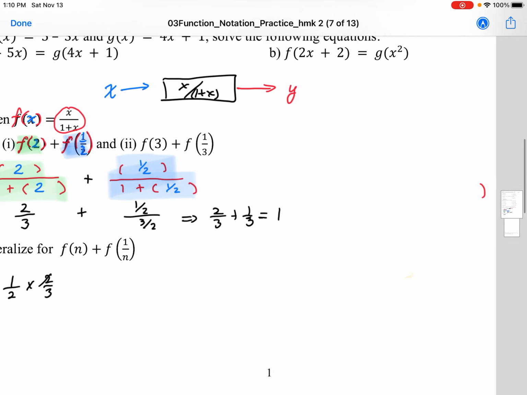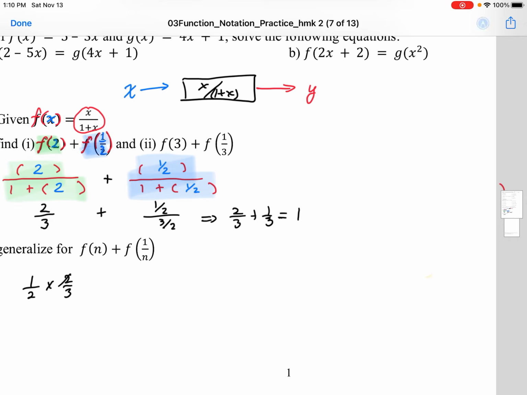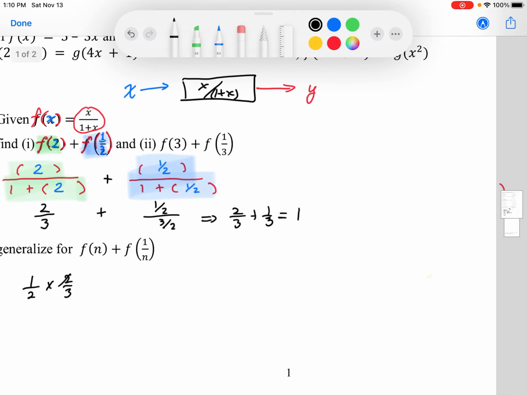Okay, so then we can do the same thing for part B. We want to recognize again that we are starting with the same function f, plus the function f.